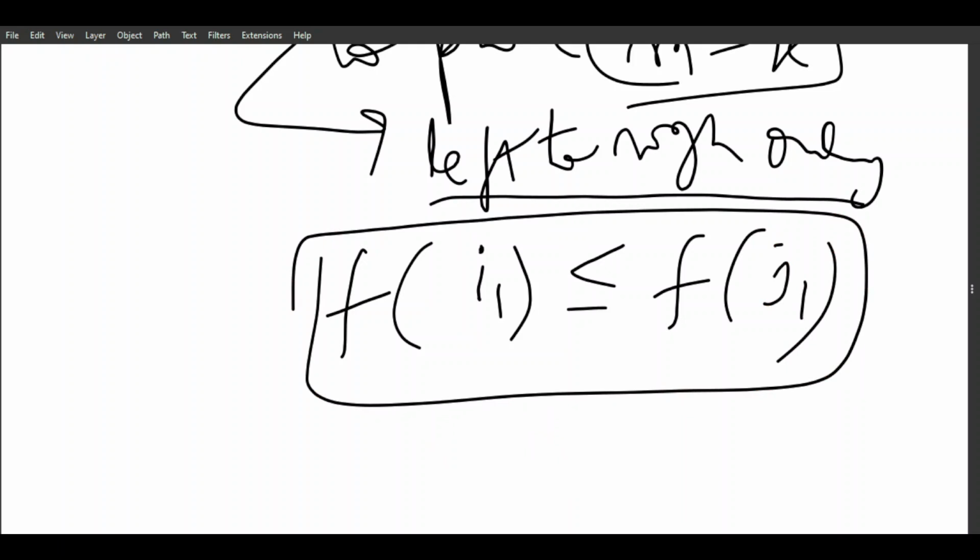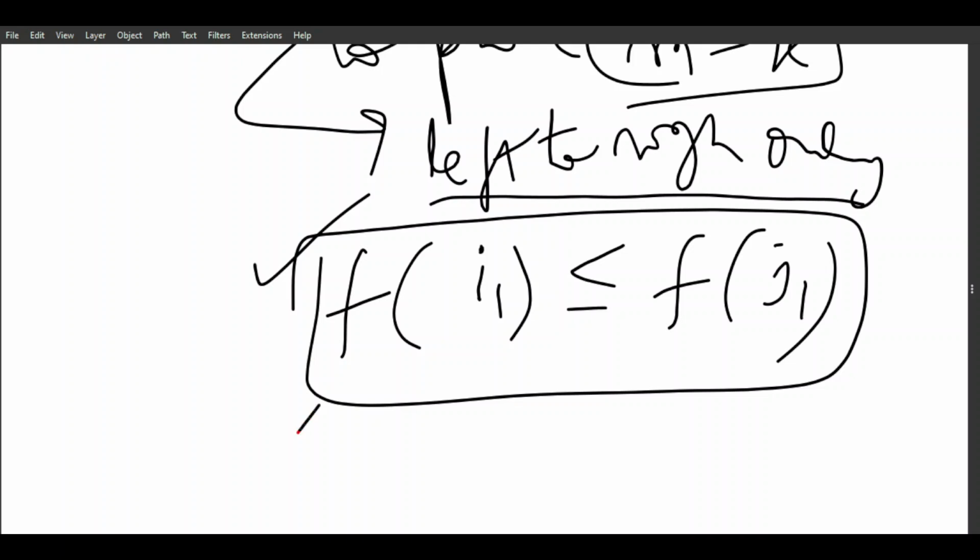We are taking interval I1, which has the smallest finish time, so the finish time of I1 is smallest among all finish times, in particular F of J1. So interval I1 finishes before J1 finishes.